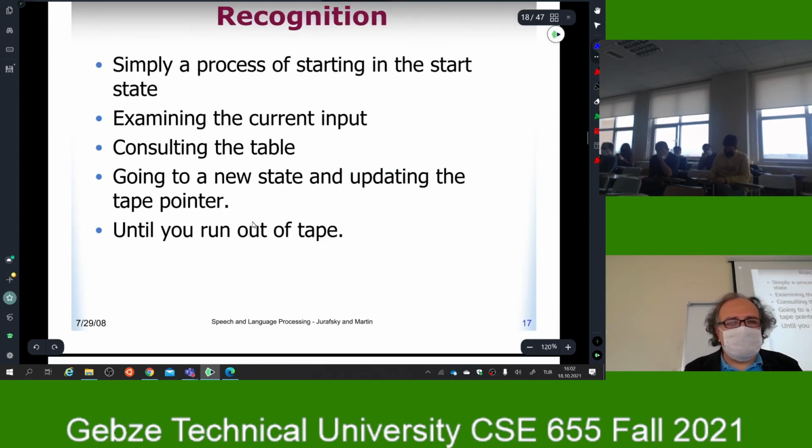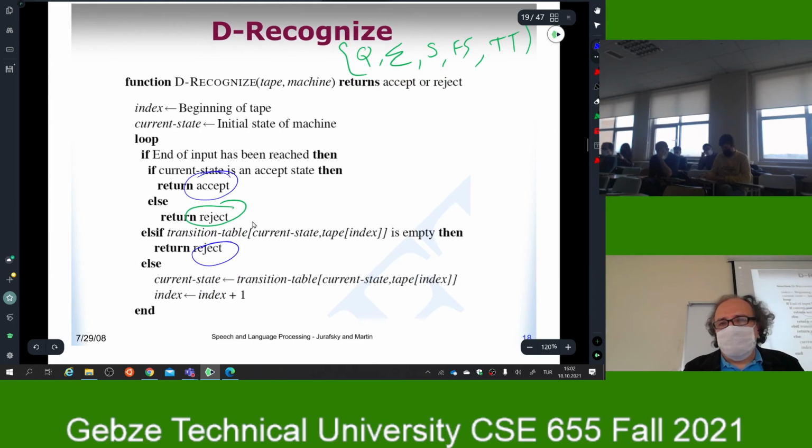I am going to skip these, okay, but I can give you this algorithm. This algorithm, D-recognize. D means deterministic recognize. It takes an input and it takes the machine itself, the finite state machine. It returns either accept or reject. So this is for recognition. It doesn't give me any structure.